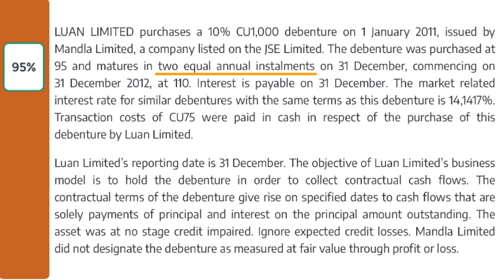It matures at 110. What does that mean? It matures at 110% of nominal value. Not only 100%, more than that. So it matures at a premium.